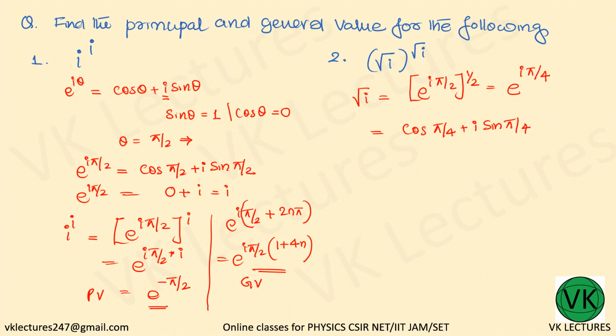So root i is equal to 1 by root 2 plus i times 1 by root 2, that is i by root 2.